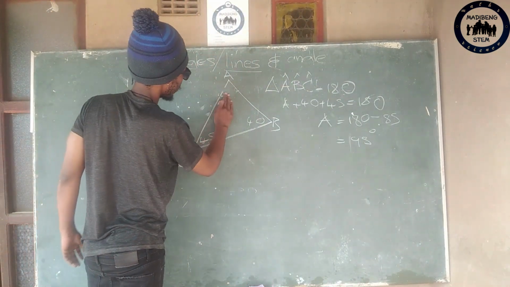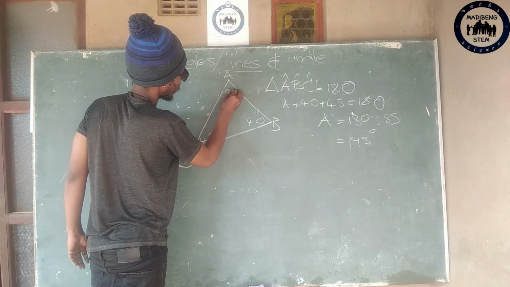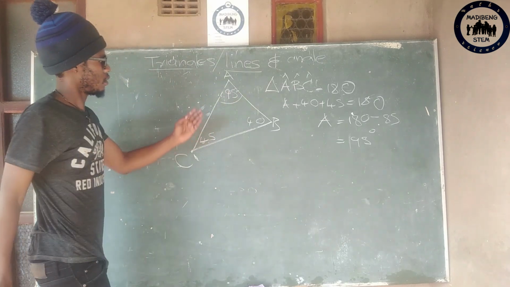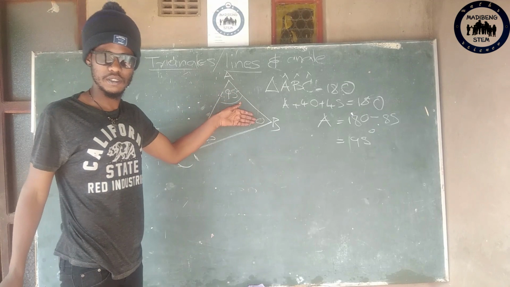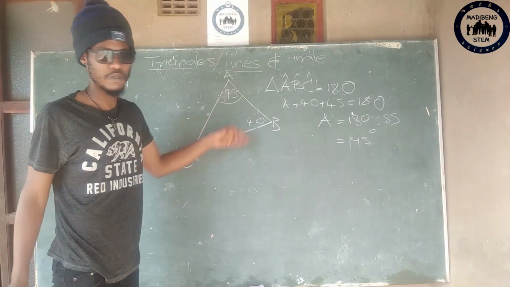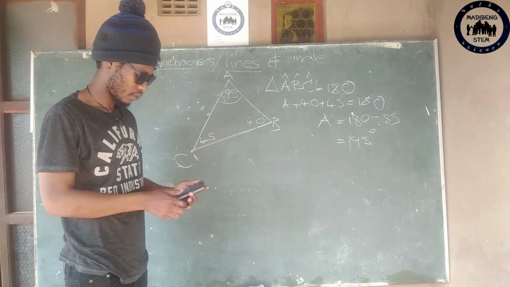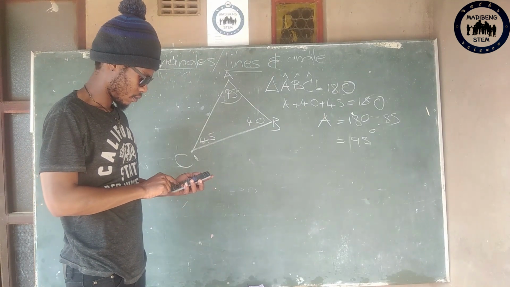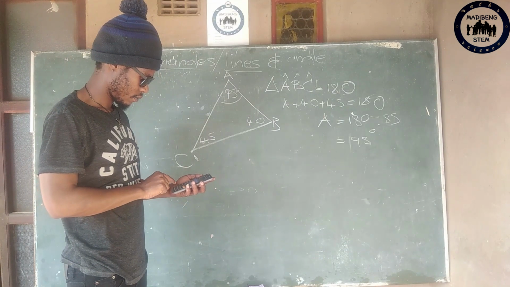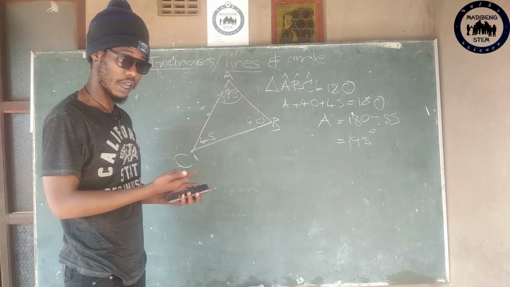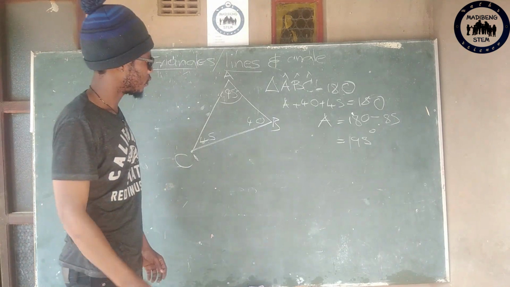So angle A is 95. 95 plus 40 plus 45 is equal to 180. Yes, it's equal to 180.